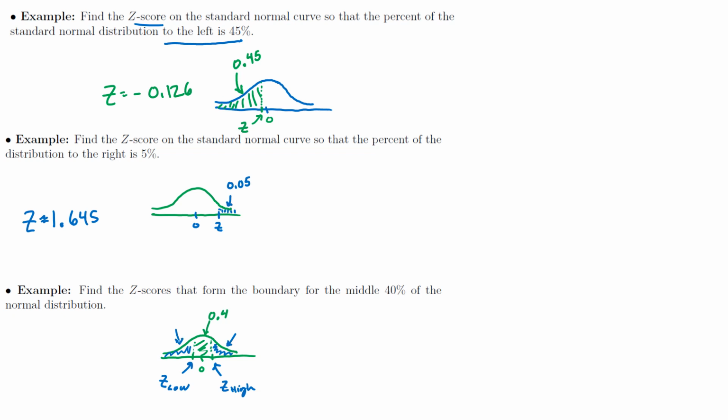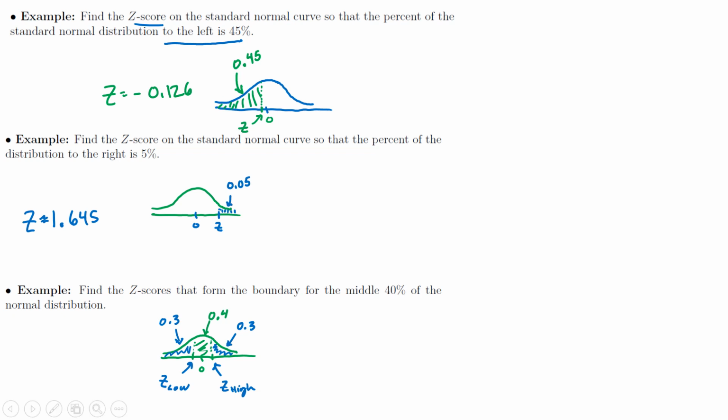Well, of course. If 40% is in the middle, then I have to have 0.3 on both edges in order for it all to add up to 100%. So 100% minus 40% is 60%. Half of 60% goes here and half goes here.